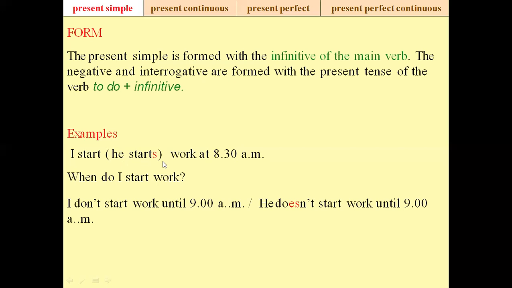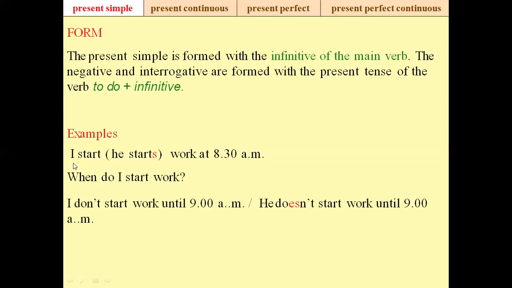Because of what? The third person singular pronouns, like he, she, it, we have already studied. When we write any sentence in simple present tense and the sentence starts with he, she, it, or a singular third person pronoun, at that time we add s or es to the main verb. Here, he starts.